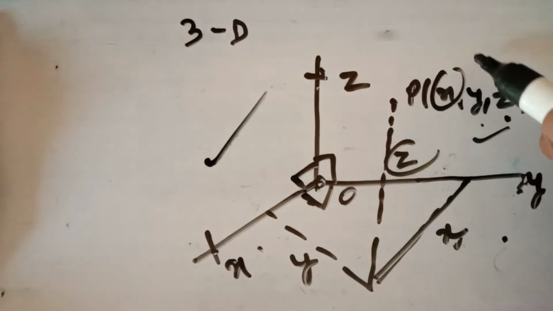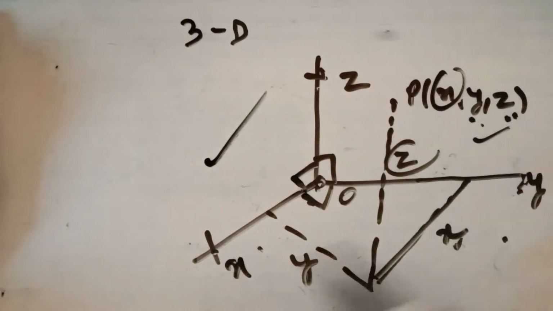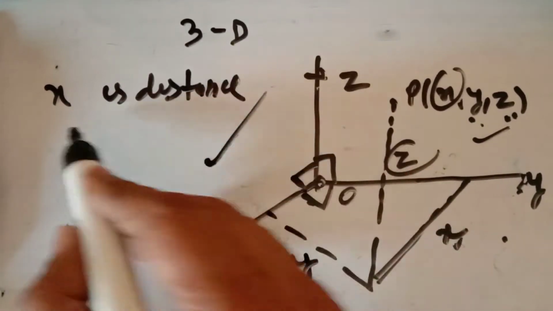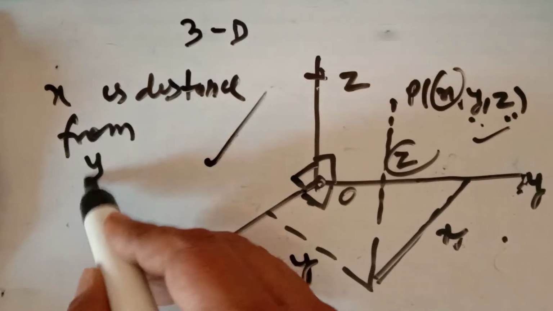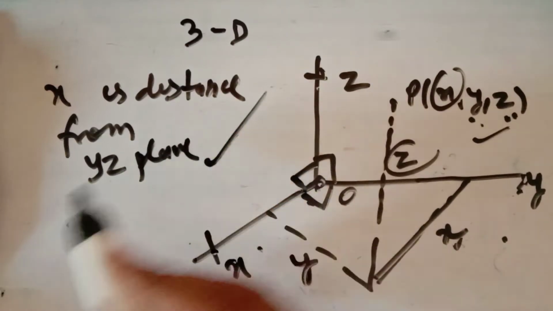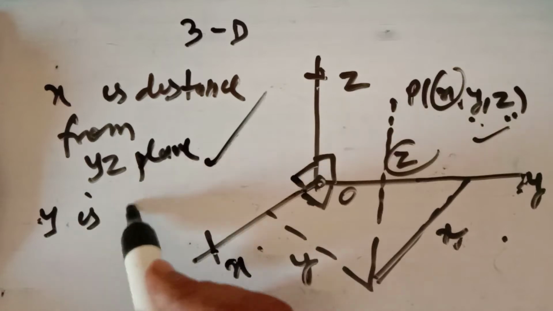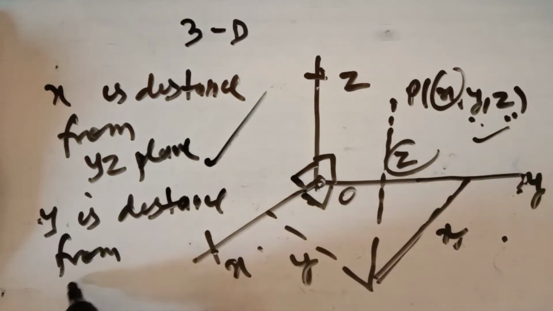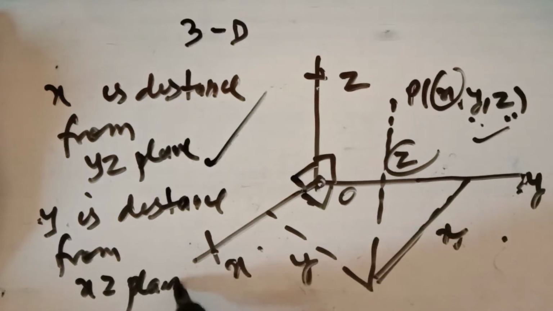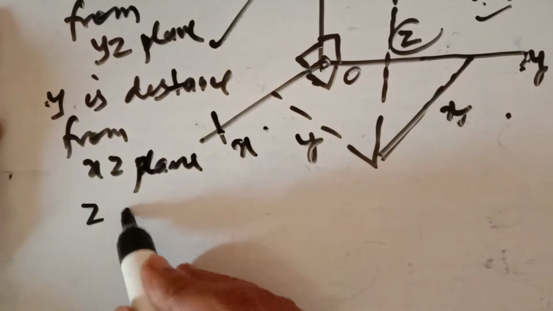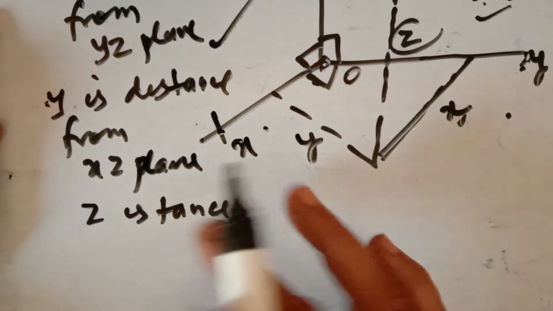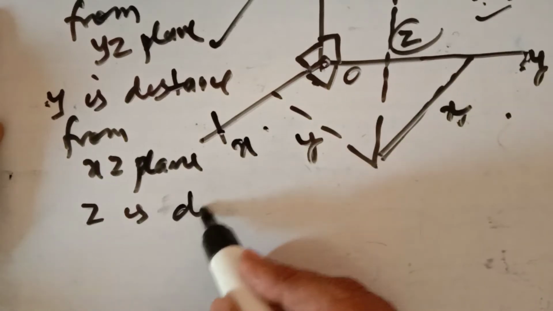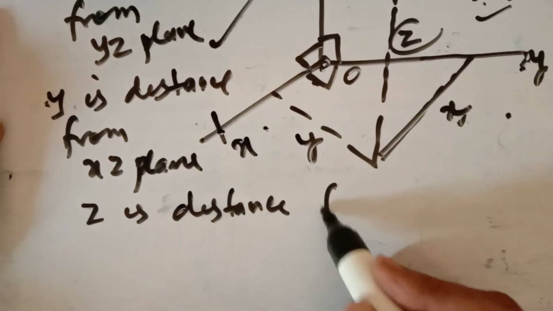So the x coordinate is the distance from the yz plane, y is the distance from the xz plane, and similarly z is the distance from the xy plane.